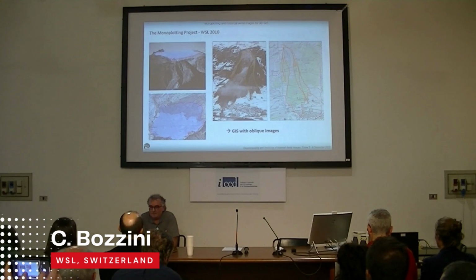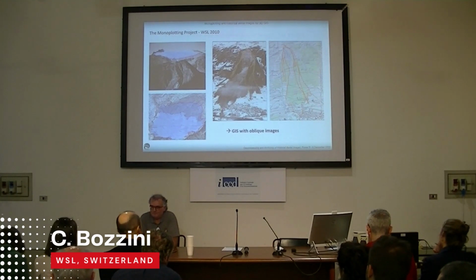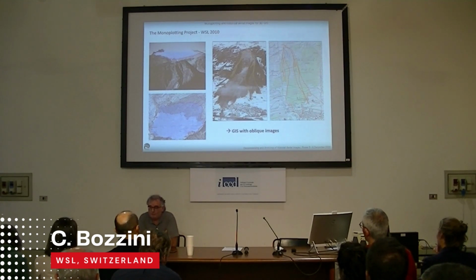This would have made it possible to do landscape research with the millions of photographs available, starting as early as the second half of the 19th century, in many archives. The project led to the development of software that allows oblique photographs to be used to do 3D GIS.